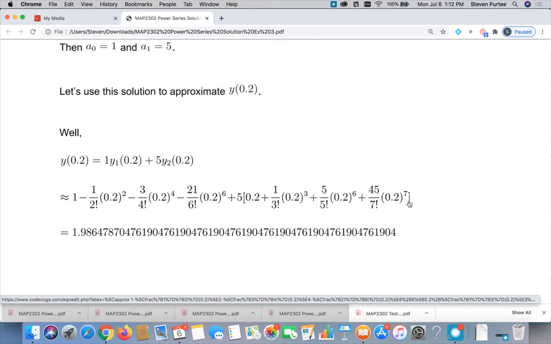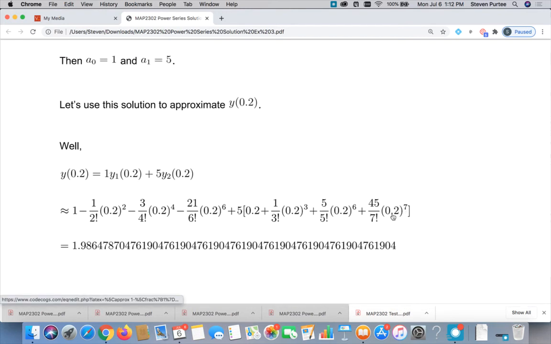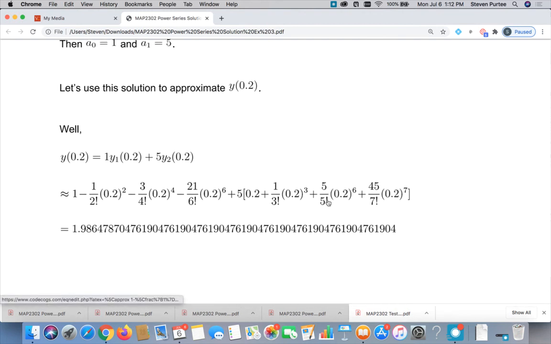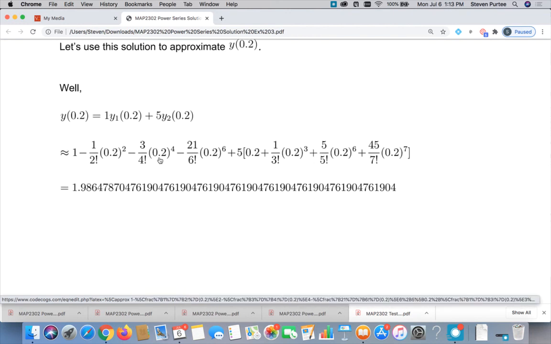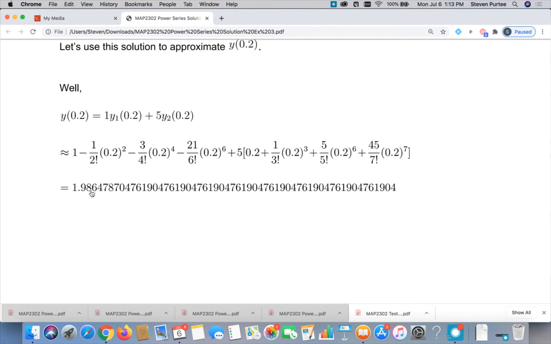These terms keep getting smaller and smaller because we're raising to higher powers. Numbers close to 0 raised to a big power drop off pretty quickly, especially with this 7 factorial here. So I could keep adding in extra terms, but they're going to drop off pretty quickly. I typed this all into Wolfram Alpha and I got this.